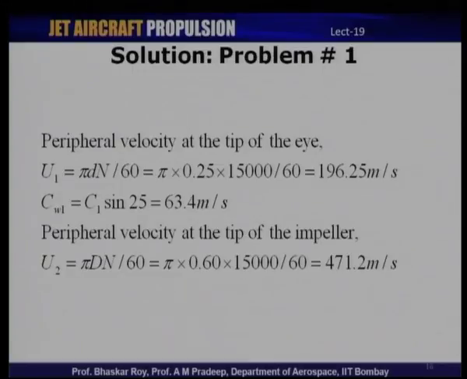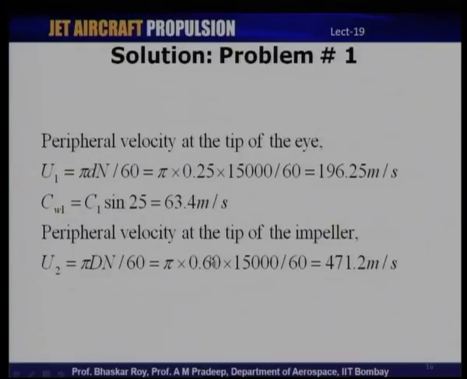So, U1 is 196.25 meters per second. Cw1 we can calculate because C1 is given as 150 and the angle is given as 25. So, C1 sin 25 is equal to Cw1, which we can calculate as 63.4 meters per second.